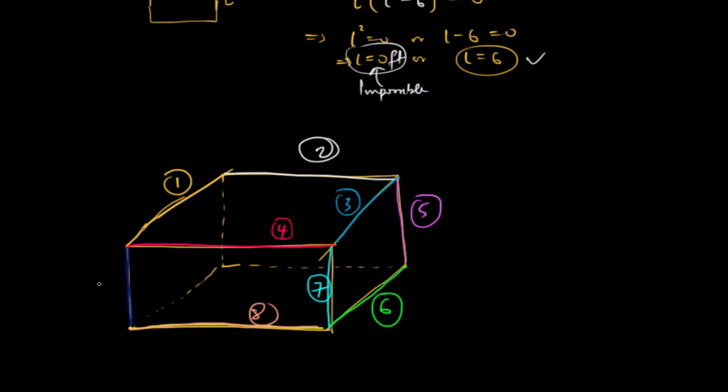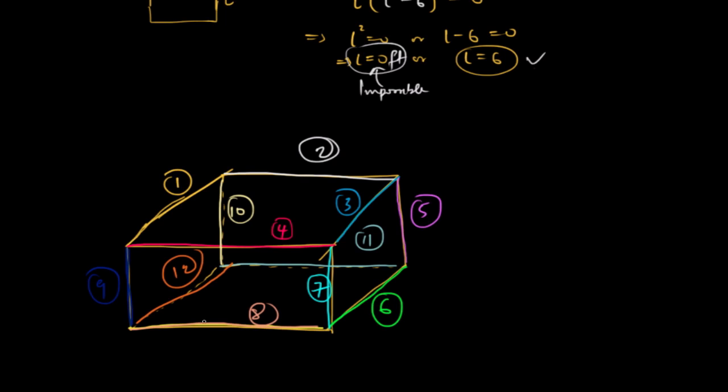This is blue, so we'll call this 9. So we still have some left, so we have to go around all of them. This is another edge, we'll call that 10, while this is another edge, we'll call this 11. So I guess we have just one more left. And then this is the last edge, so we'll call this 12.